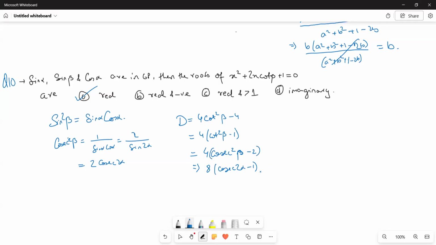Now what can we say about cosec 2 alpha minus 1? Let's write it this way: 8 by sin 2 alpha minus 1. This is easier to understand. Now sin 2 alpha will always be a number less than or equal to 1. So what does 1 by sin 2 alpha become? It will always be a number greater than or equal to 1. Do you understand this?